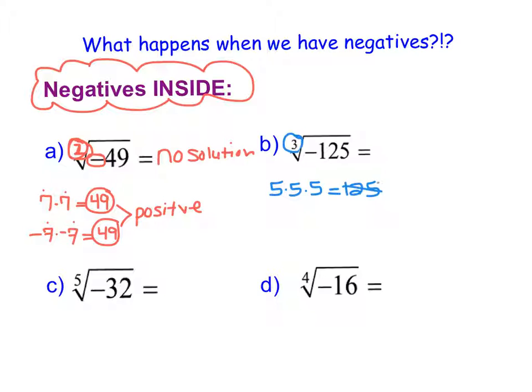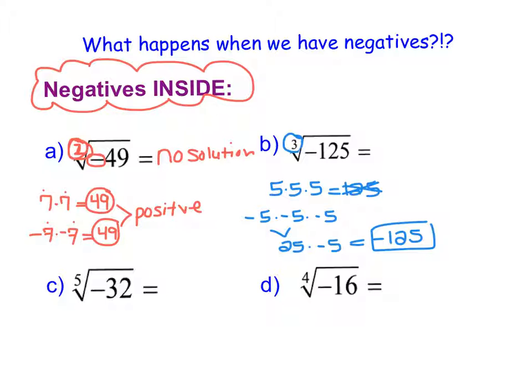Now I don't need a positive, so that one's not going to help. But the next thing I try is negative 5 times negative 5 times negative 5. If I start to multiply it out, I find that negative 5 times negative 5 is a positive 25. And then when I multiply it by a negative 5, it jumps back to be a negative 125.